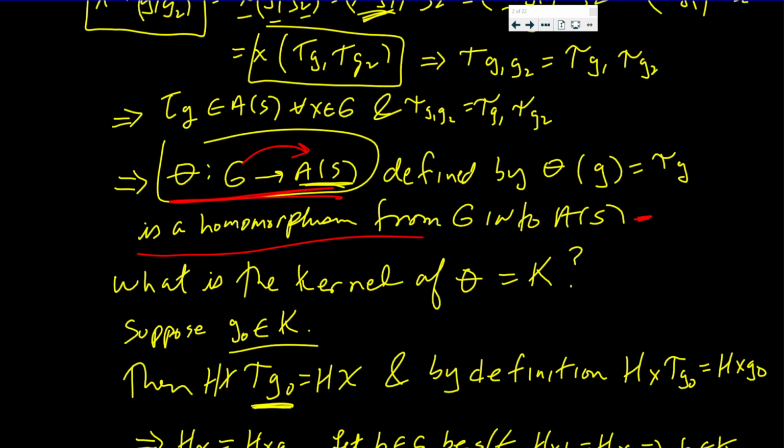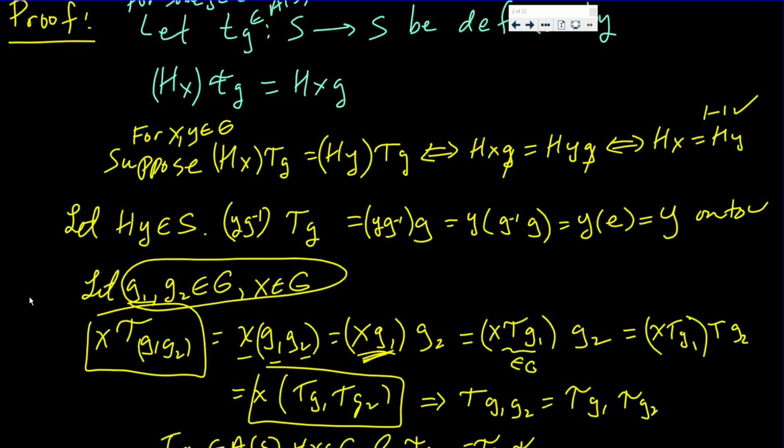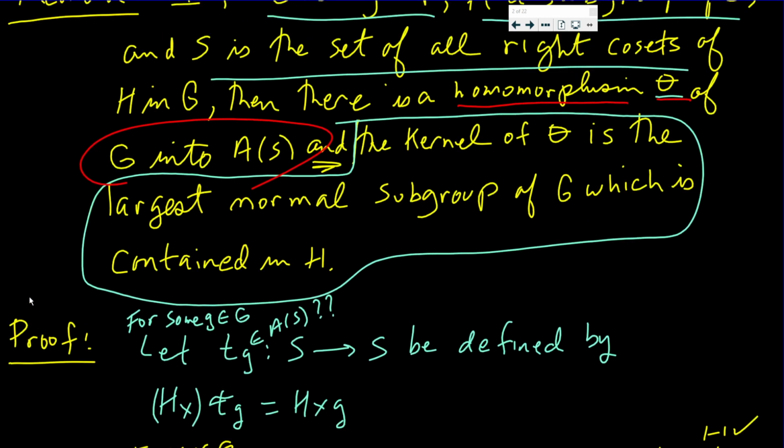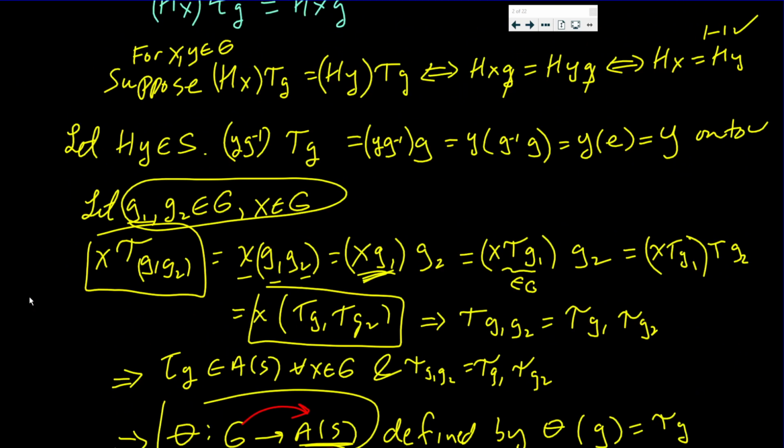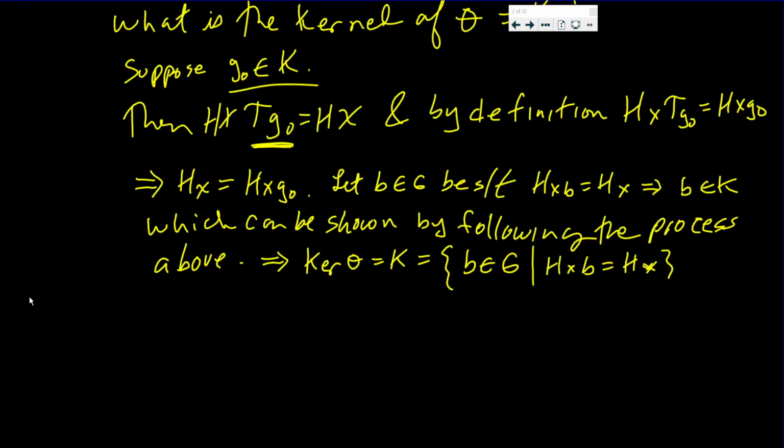Now we're starting the second part. We want to show that the kernel of theta is the largest normal subgroup which is contained in H. Okay.